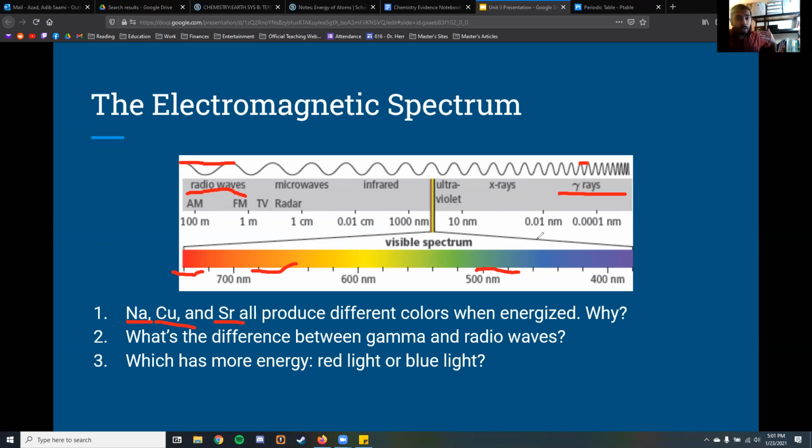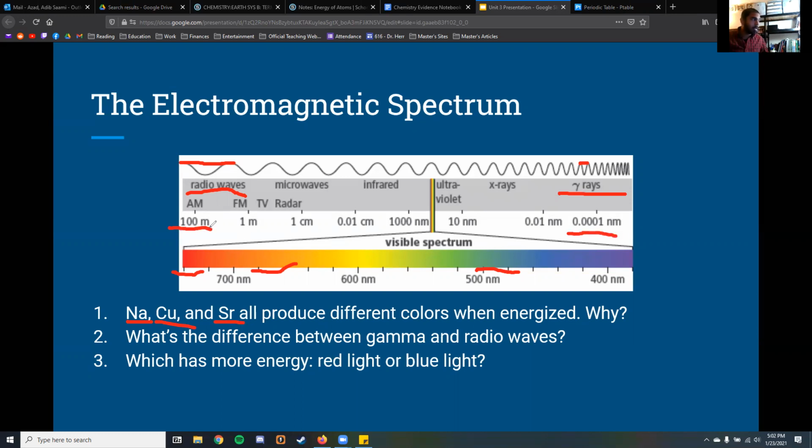Remember from last week's lesson, gamma rays go through pretty much everything. You would need several layers of lead and several layers of concrete in order to block off a gamma ray. Radio waves, however, are very slow moving. They're not very energetic.